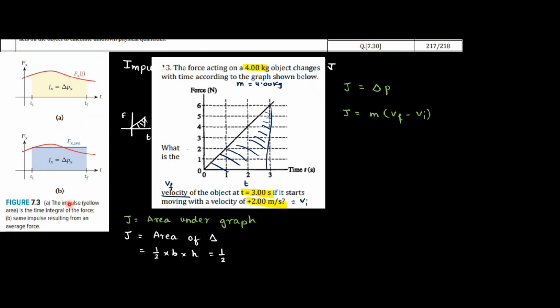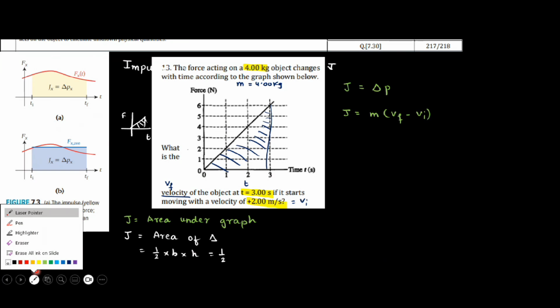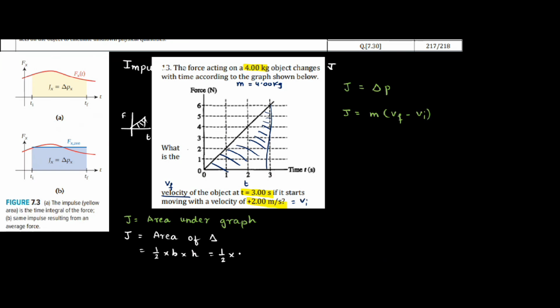So we write half times 3 times 6, and that gives me my impulse as 9 kg meter per second.